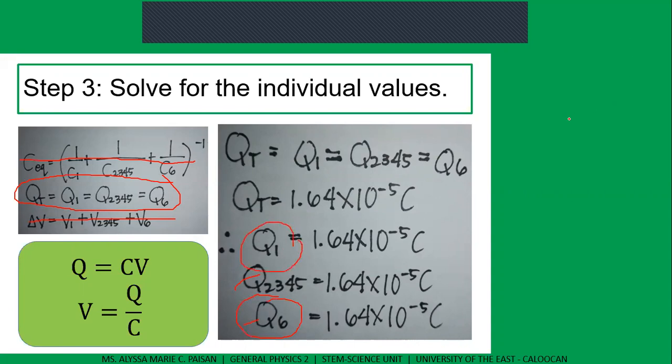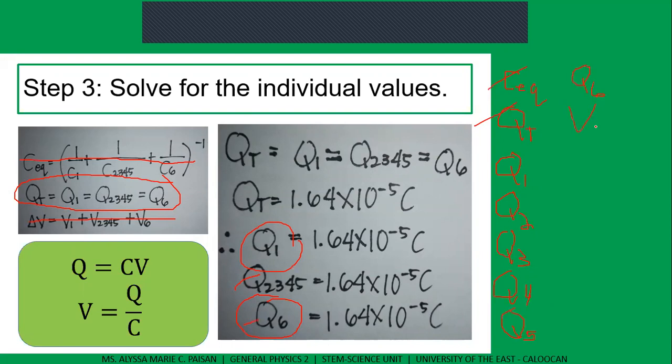Pero remember, recall lang natin kung ano-ano ba yung mga kailangan natin. We need the C equivalent. So, meron na tayo niyan. We need the total charge. Meron na rin tayo niyan. Tapos yung individual charges. Ano yon? Q1, Q2, Q3, Q4, Q5, ako mukhang hindi pa sapat ang space natin at saka Q6.